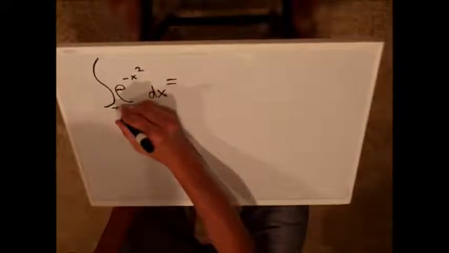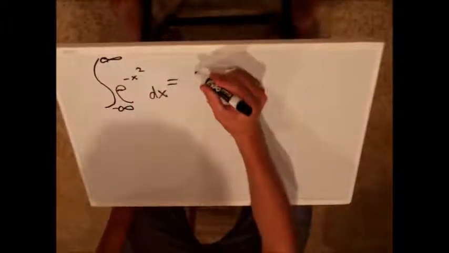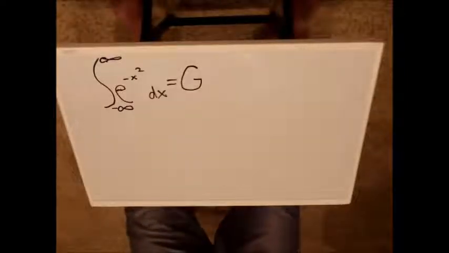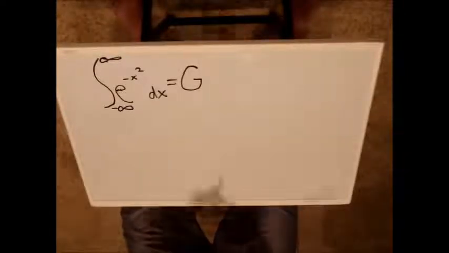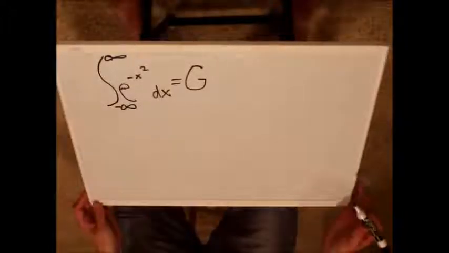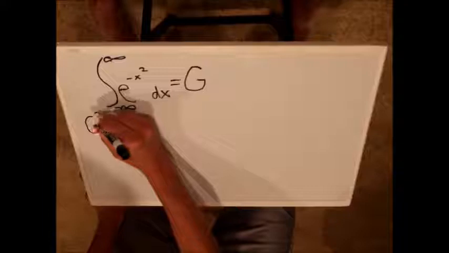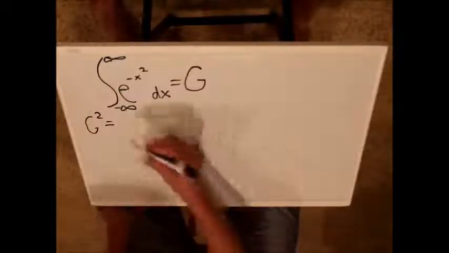Alright, so I'm just going to put the boundaries back and set this equal to G. Now, there's nothing you're going to be able to do right away in order to solve this, but the first step is to set up G squared.